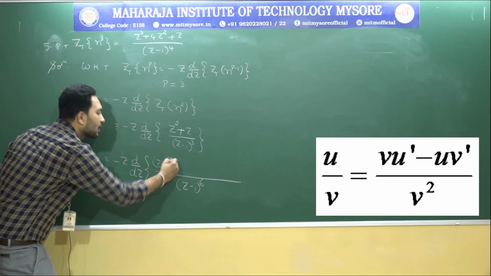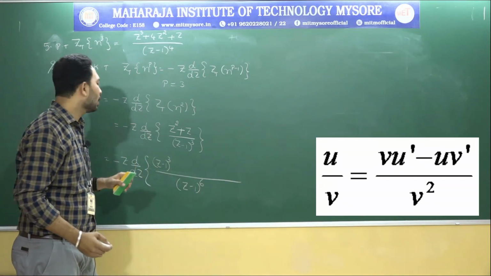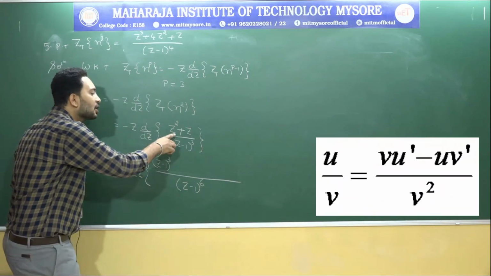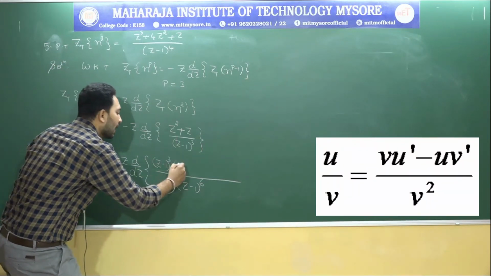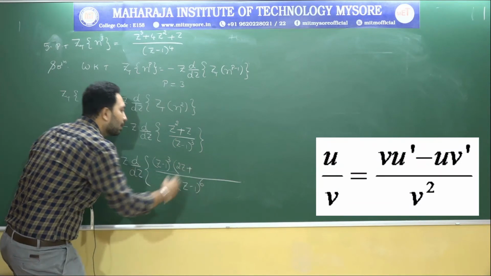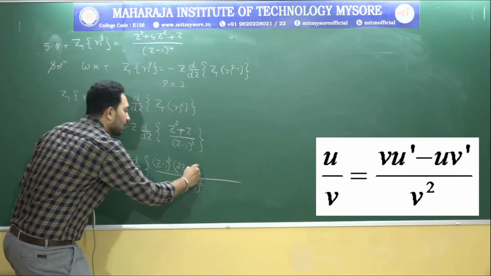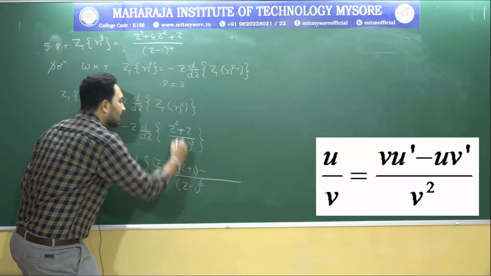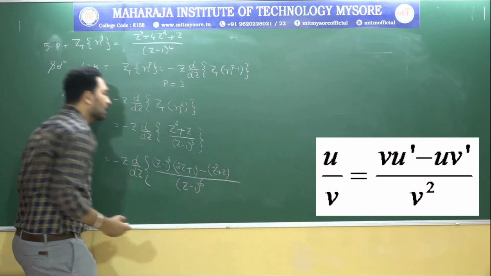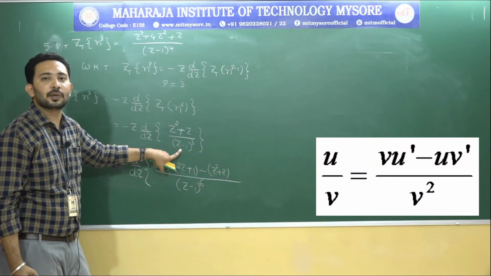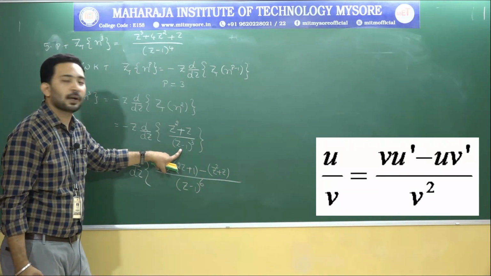Denominator into z minus 1 whole cube into differentiation of numerator. So what is the differentiation here? Z square gives 2z plus differentiation of z gives 1, minus numerator z square plus z into differentiation of denominator, z minus 1 whole cube.